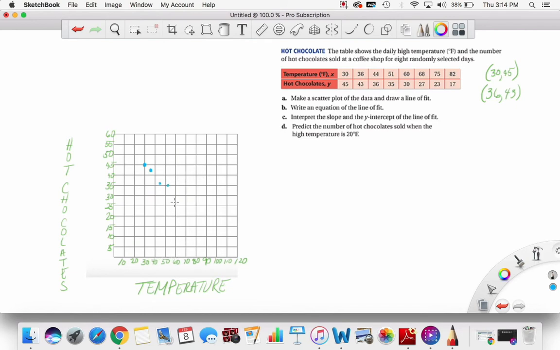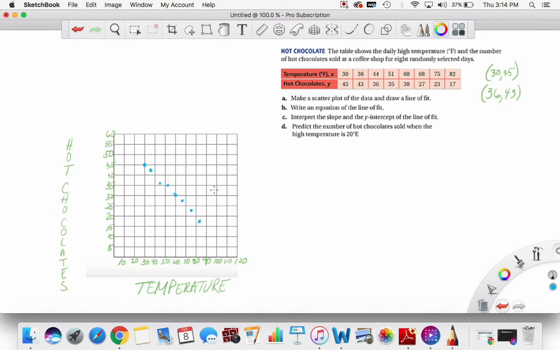Then 68, 27. 75, 23: 75 is halfway between 70 and 80, and 23 is about right smack in the middle. Then 82, 17.